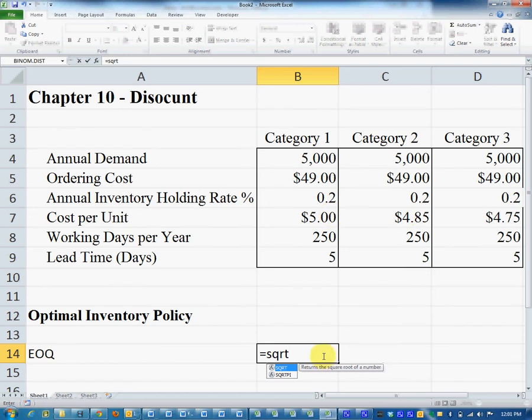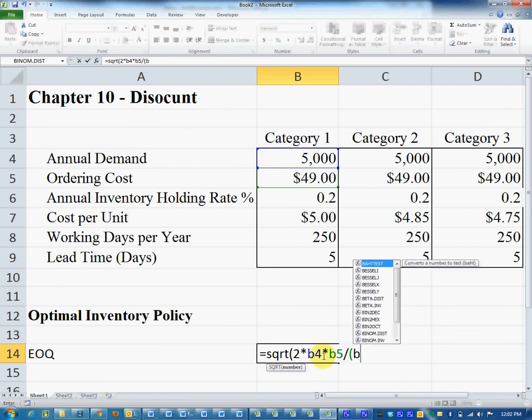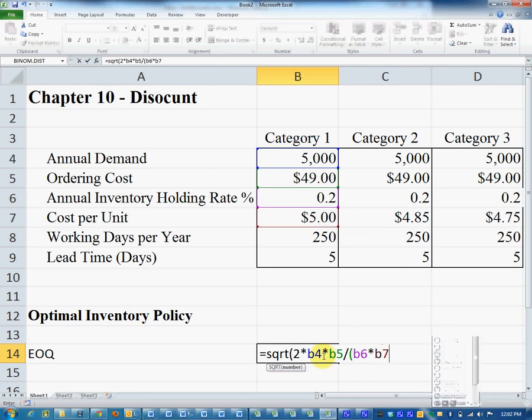So square root, open, 2 times B4 times B5 over open B6 times B7, double close. Everybody got it?